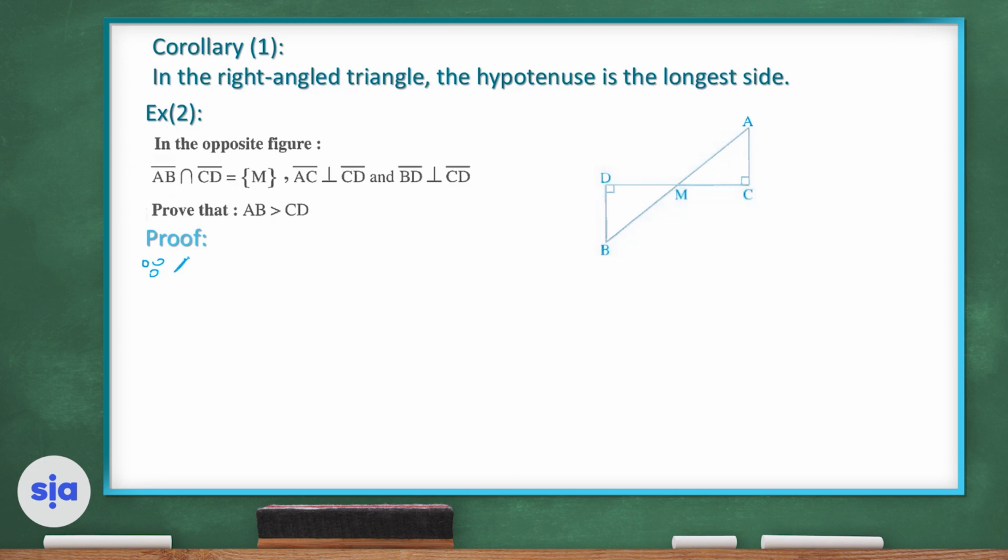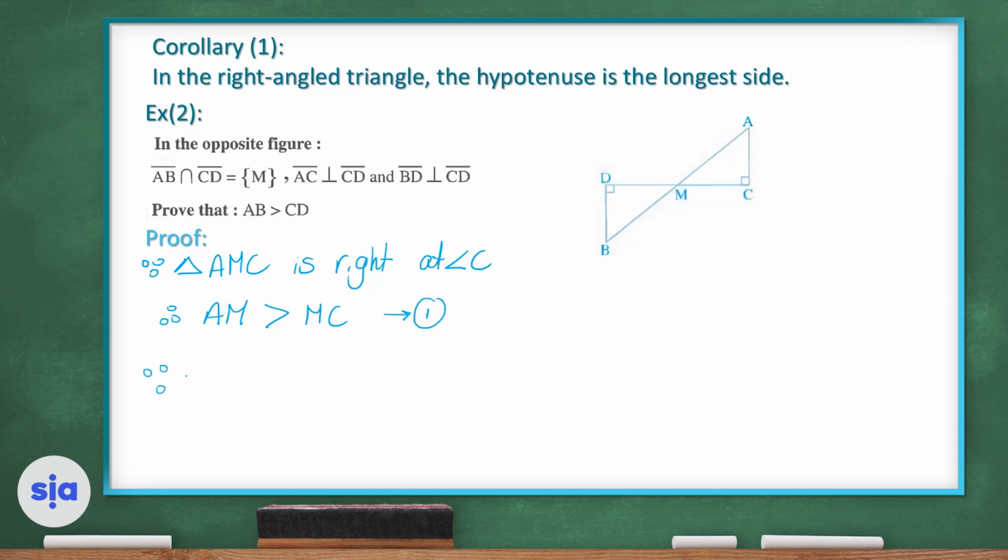Since triangle AMC is right at angle C, therefore AM is greater than MC, because AM is the hypotenuse, and we know that the hypotenuse is the longest side in the right angle triangle.